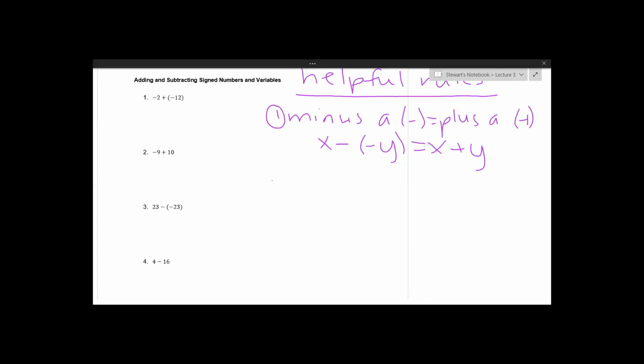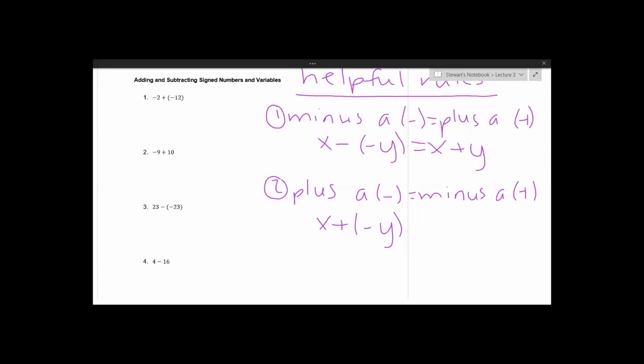In a similar regard, plus a negative is the same thing as minus a positive. So if we have, say, x plus negative y instead of minus negative y, if you don't like seeing the two symbols next to each other, when you're thinking about a negative number, you can always think of it like a negative 1 being multiplied to its positive counterpart.